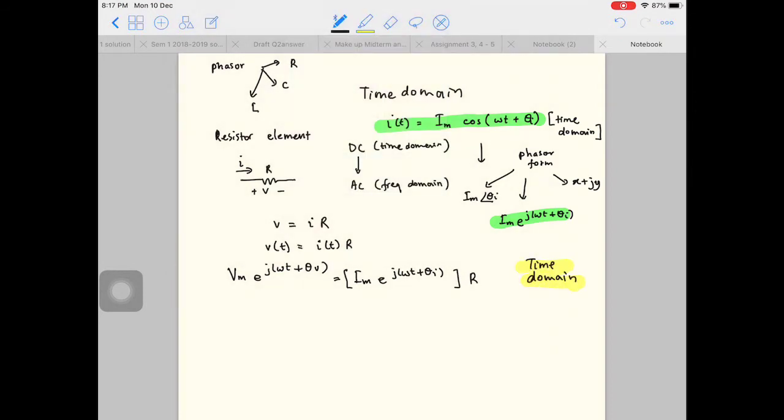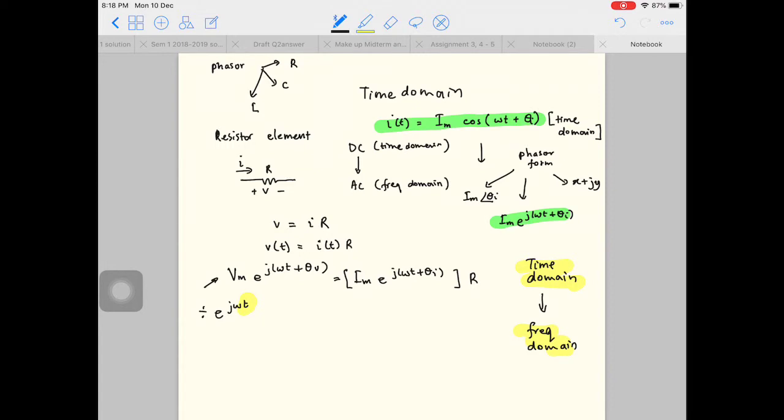And if you want to enter the frequency domain, then we can divide this equation by e^(j omega t), so that we eliminate the t here, right?